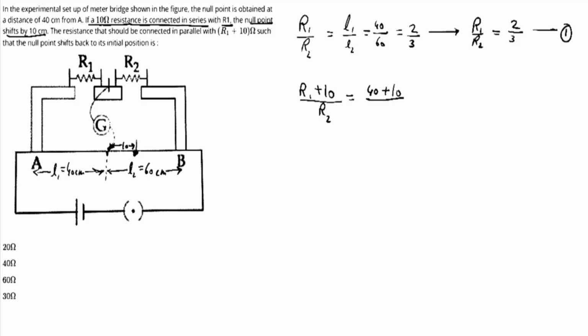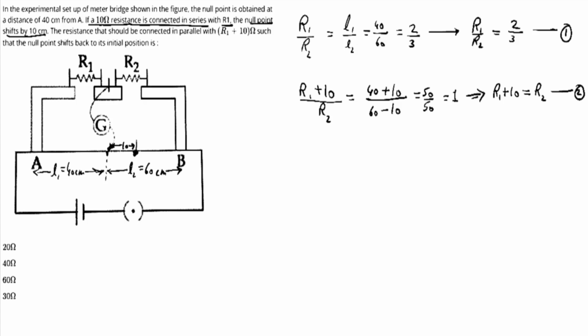So L2 will be minused, so it will be 60 minus 10. So we have 50 upon 50, which is equal to 1. Therefore we have R1 plus 10 is equal to R2. We have the next equation, and from these two equations we will find the value of R1 and R2 first.